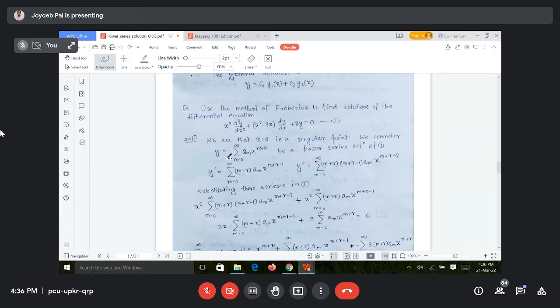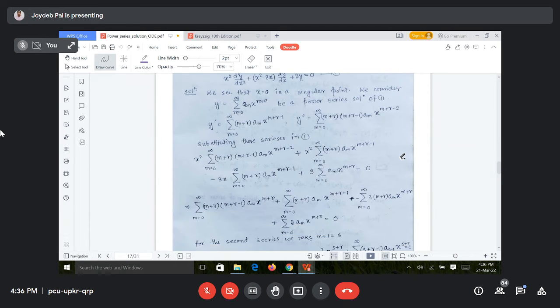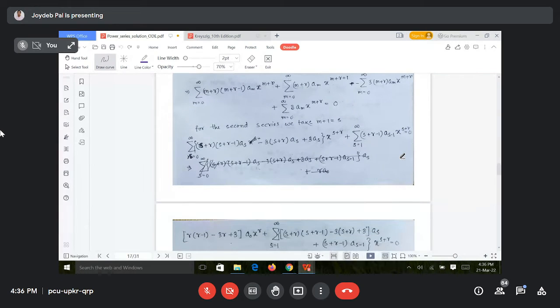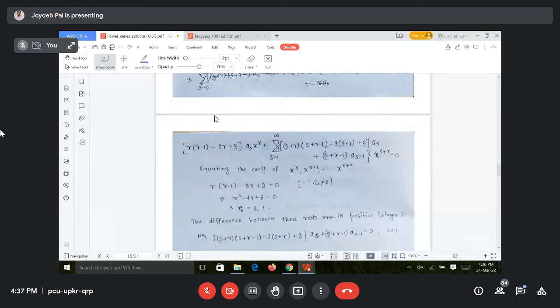Okay, so y equal to summation a m x to the power m plus r is a power series solution. I am not telling these things again. So you take the derivatives, substitute in the equation, then simplify. After simplifying we are getting this plus summation of this is equal to 0.